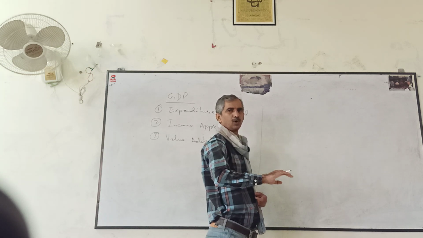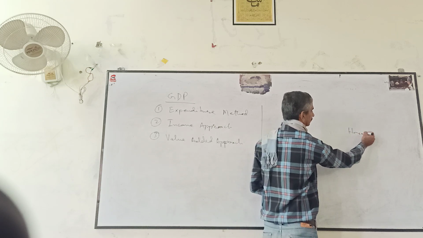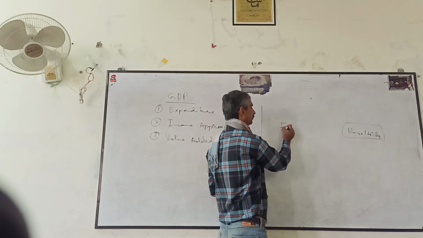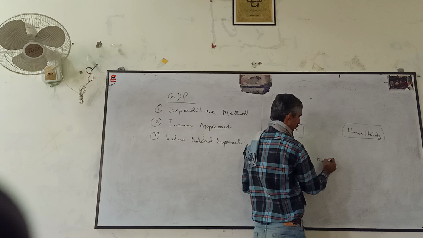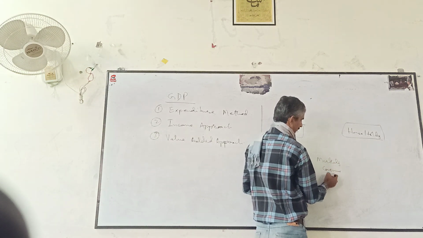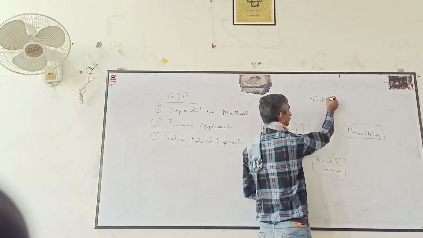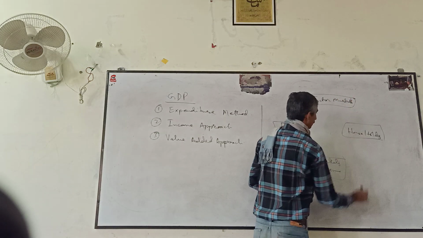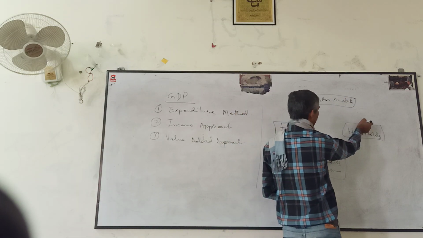If we talk about the circular flow of income, then there are the households, suppose there are the firms, there are goods markets or consumer markets, and here are the factor markets. Income is circulating in this way.